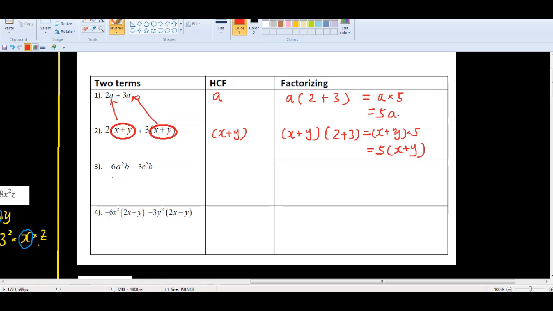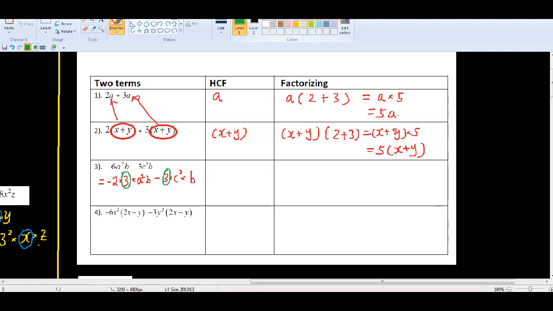Okay, for the second one, minus 6a squared b minus 3c squared. Let me rewrite this one again into the expanded prime factor form. So when you compare these two, of course, you got only 3 as the common factor.